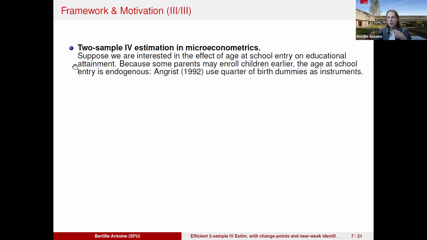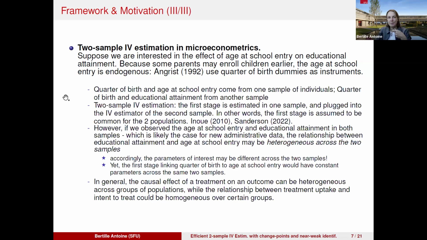It's a very classical example in applied micro. You're interested in the effect of age at school entry on educational attainment. And because parents may enroll children earlier, the age at school entry is endogenous, right? This is the classic study of Angrist, 1992, and they used the quarter of birth dummies as instruments.